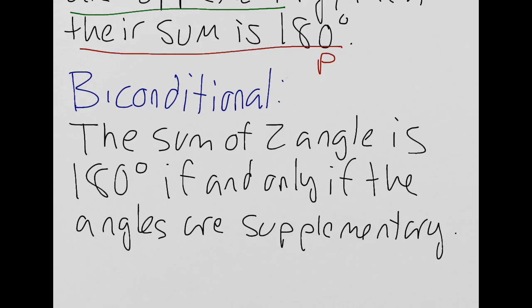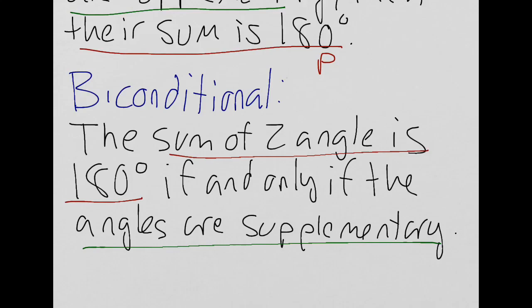Again, we had our P in here, the sum of two angles is 180 degrees. We have our Q in here, which was the angles are supplementary. This is our P, this is our Q, and then we put in our if and only if to form our biconditional statement.